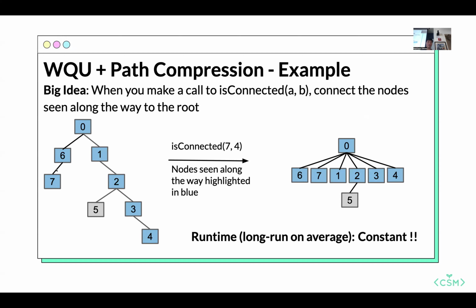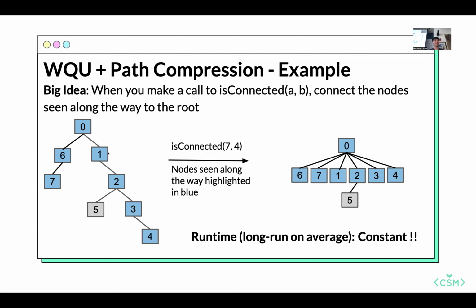Instead of 7 being the child of 6, we'll make 7 directly a child of 0. The same goes for 4. When we climb up the tree for 4, we see 4 and then 3 and then 2 and then 1. So we make everything along the path, 1, 2, 3, 4, a direct child of 0. Any questions about path compression?